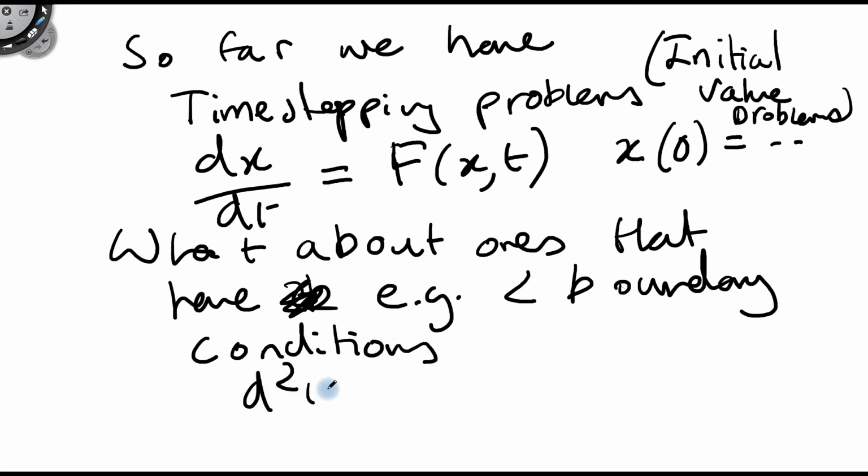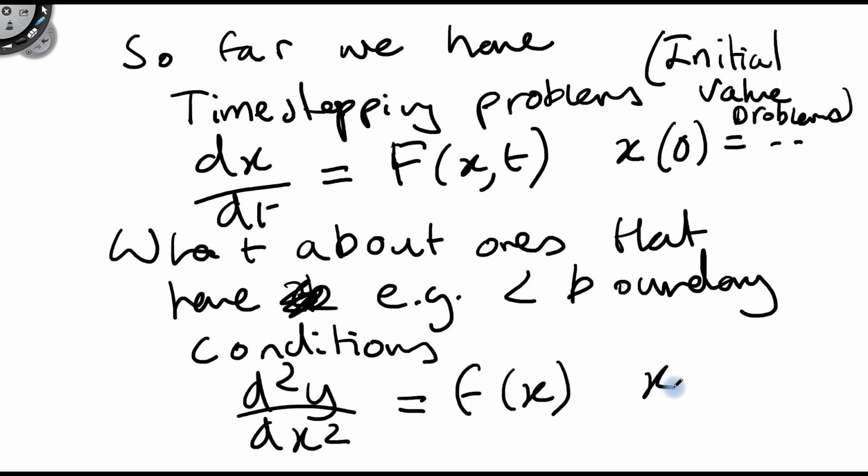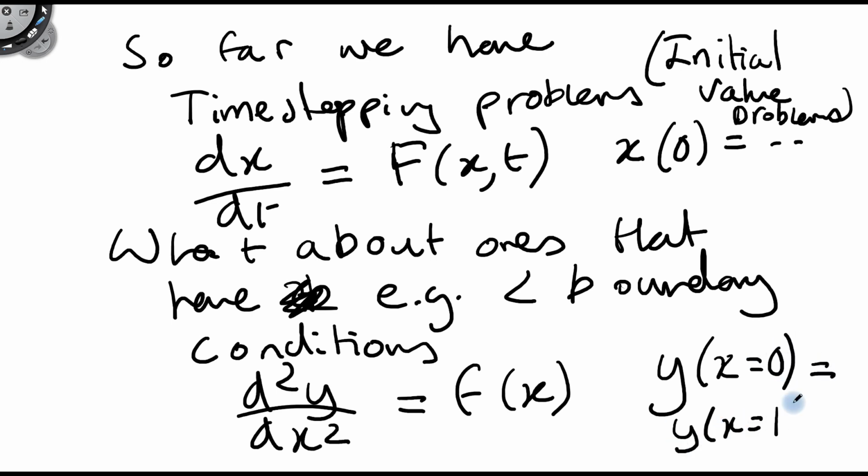These are like d squared y by dx squared equals f of x, and then you have y at x equals 0 equal to one value, and y at x equals 1 equal to another value. And these are called boundary value problems.